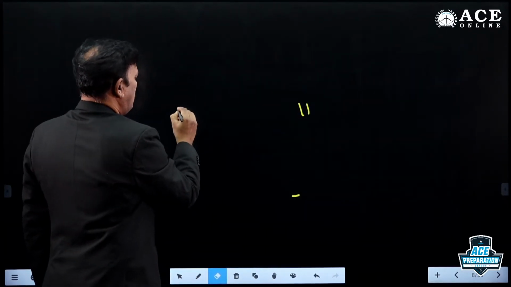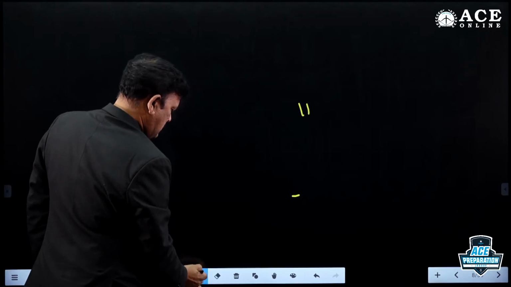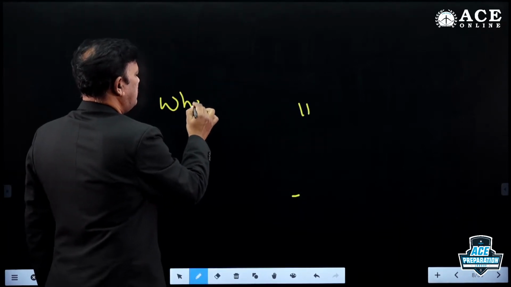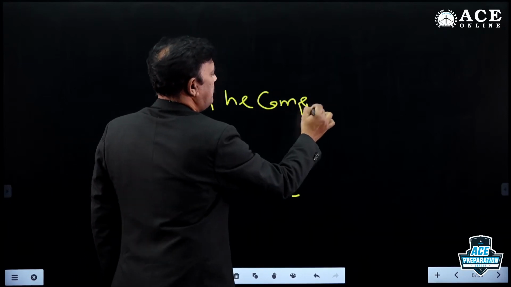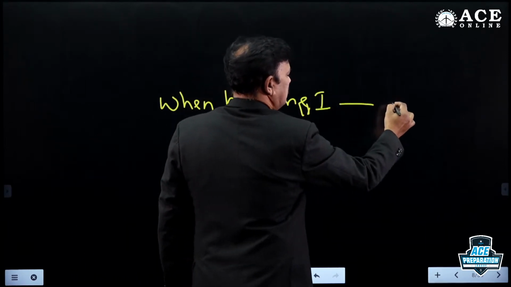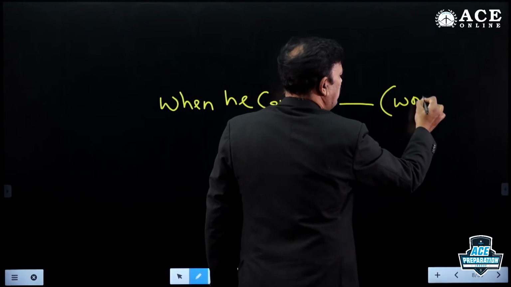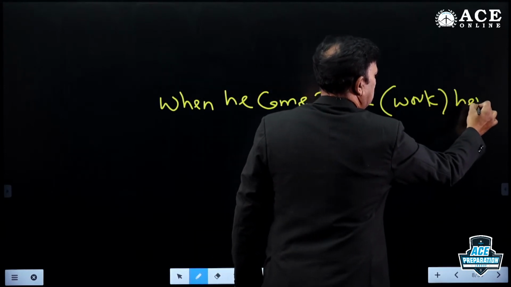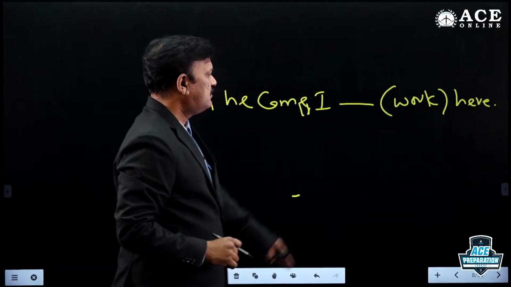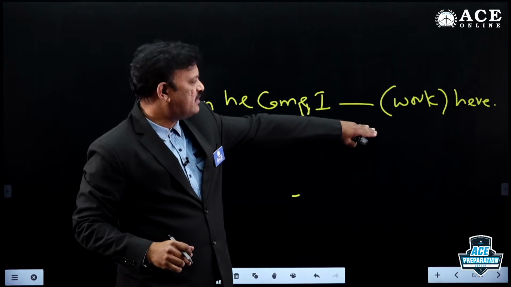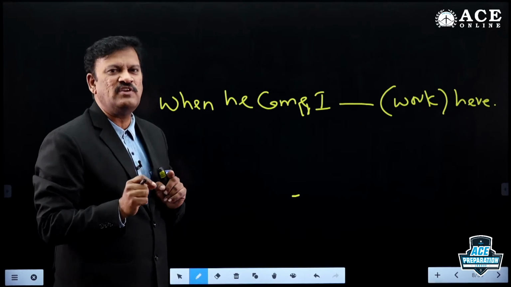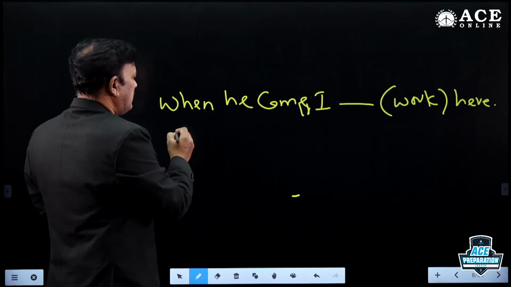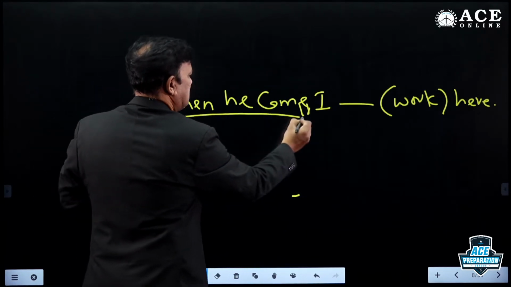Now check it out. When he came, I work here. You are supposed to give me the form of this verb that we'll see, but look at this. Which group of words is giving you the answer for when? This part.